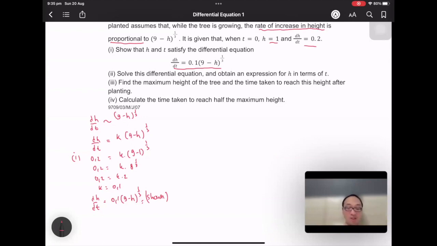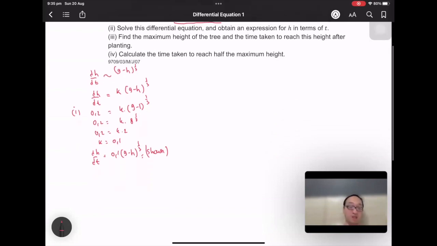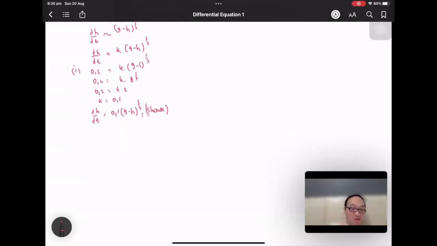For the second one: solve, obtain an expression for h in terms of t. Now we solve this differential equation. Since we have h on the right side and dh on the left side, we have to move h to the left side. So it will become 1 over (9 minus h) to the power of 1/3 times dh/dt equals 0.1.